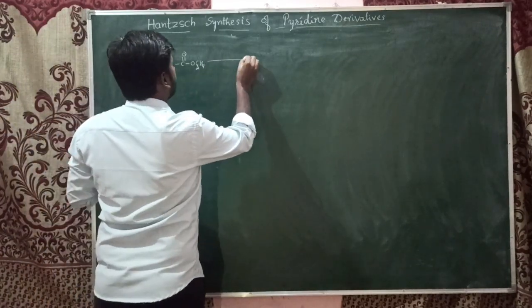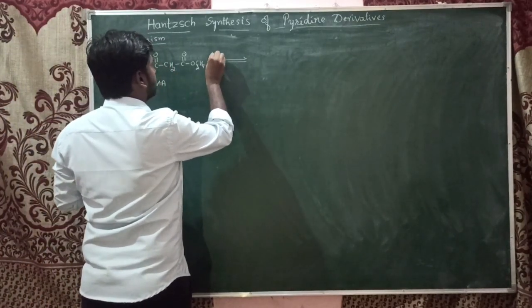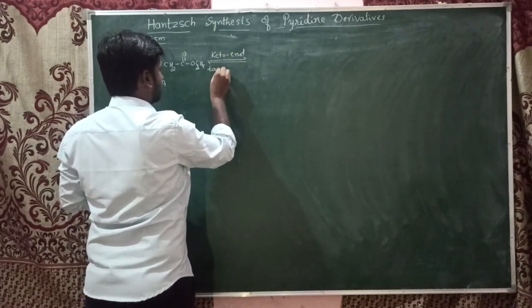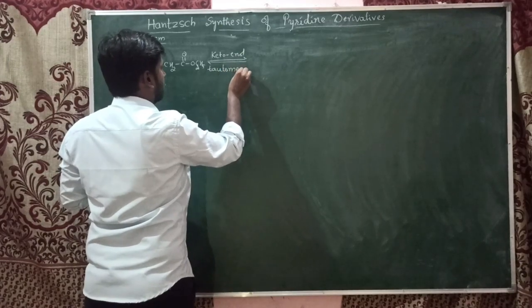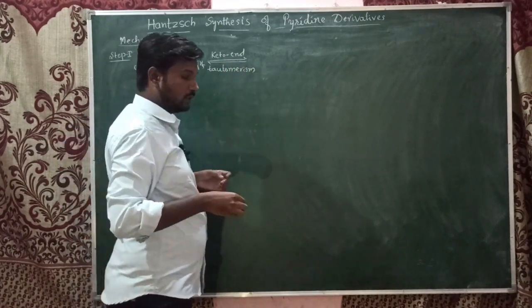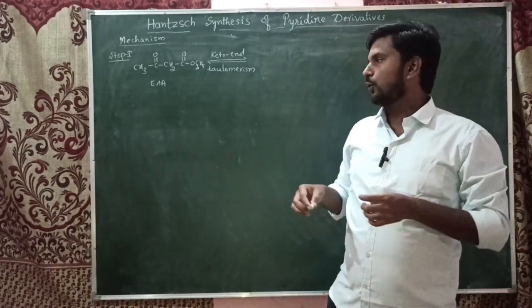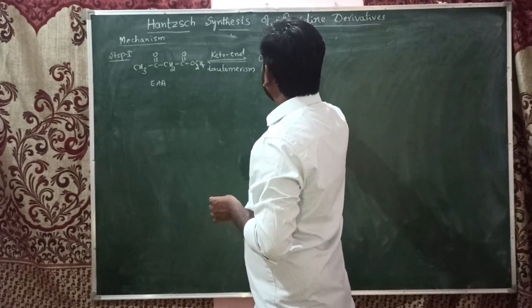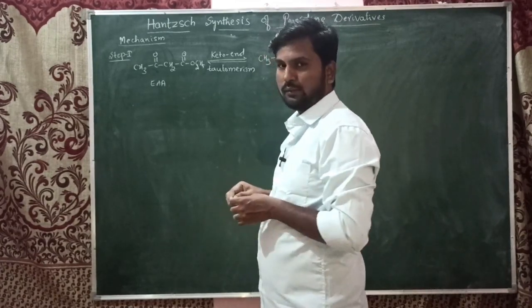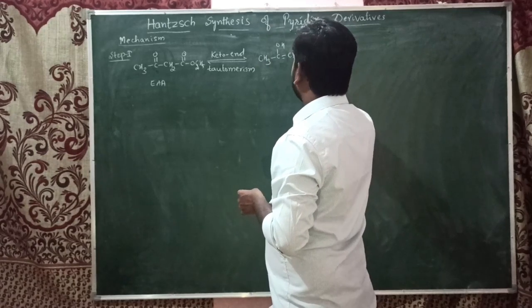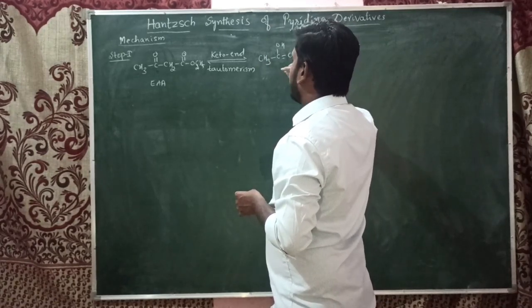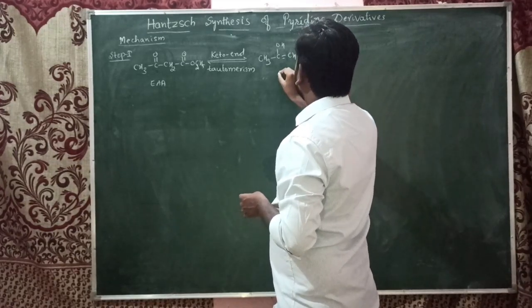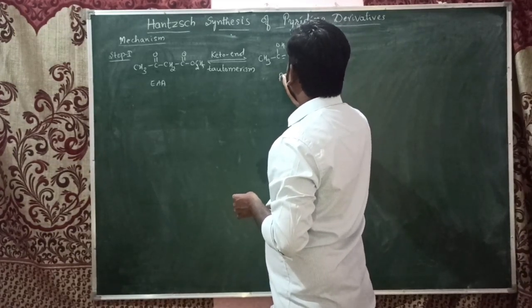So by keto-enol tautomerism, this ketonic group will convert into an enolic group. So then it will become CH3C(OH), with a double bond now, CH, CO, OC2H5. This is the same EAA, but it is in enolic form.